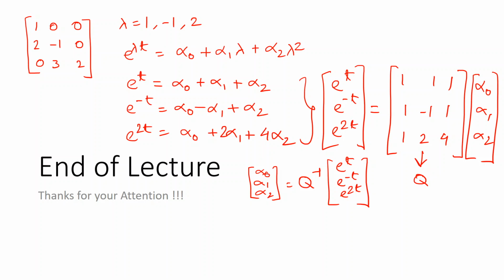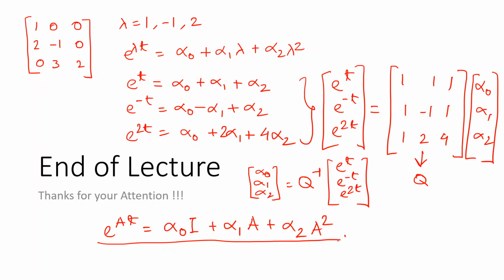You get your alpha 0, alpha 1 and alpha 2. Now you can say that your e to the power of at would be this, simply this. So that is what you need to go through. These are the steps that you need to go through.